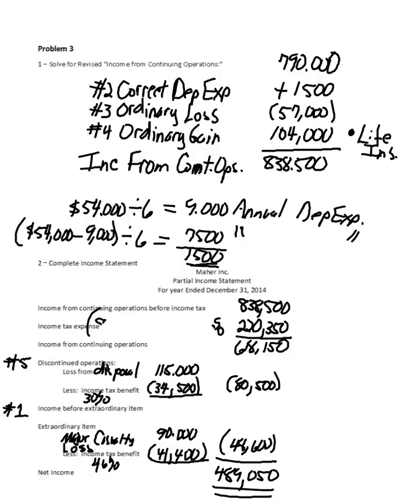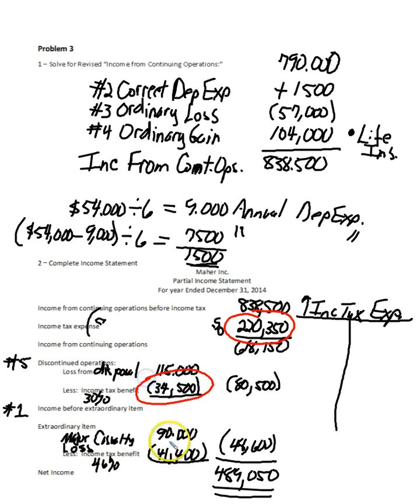What I do want to do is repeat a little bit about income tax allocation. So let's look at this problem and set up a T account for income tax expense. Okay, and let's look at the items we have here. We want to put this $220,350 in there, but we've also got these 2 benefits.